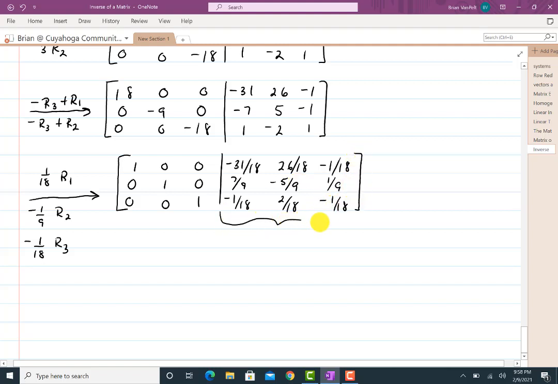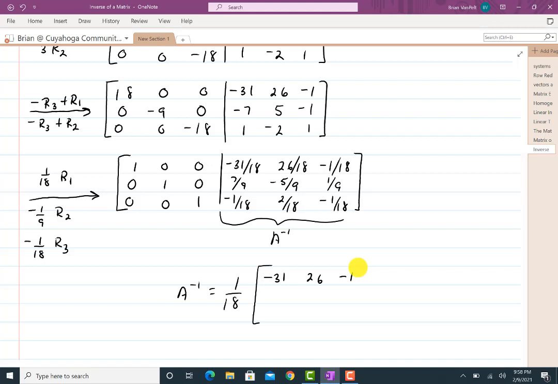This thing here is our inverse matrix. I prefer to write it in the following fashion, though. I'm going to pull out the 1 over 18 and then just put the other numbers there because I guess it looks a little nicer. So I'll have negative 31, 26, negative 1. Now watch that second row. I got to multiply those numerators by 2 since I'm factoring out 18 and not just 9.